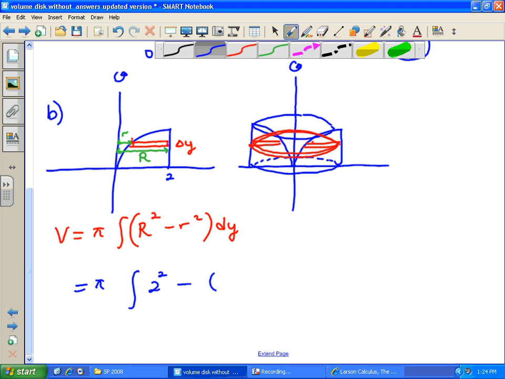And whatever it is, we have to square it as well. Let me just put a reminder there. Okay, basically, distance to the y-axis is always referred to as x. So basically, that distance, that little r, is the bigger distance, which is 2 units, minus x.